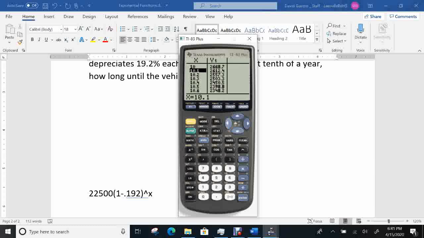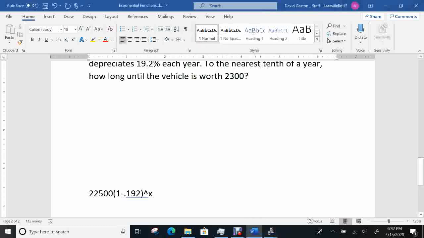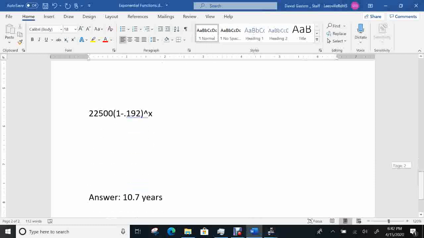And I see that it goes from $2,348 to $2,298 sometime between years 10.6 and 10.7. Well, 2,298 is really close to 2,300, so I'm going to say this answer is 10.7 years. And that's exactly what I have here.